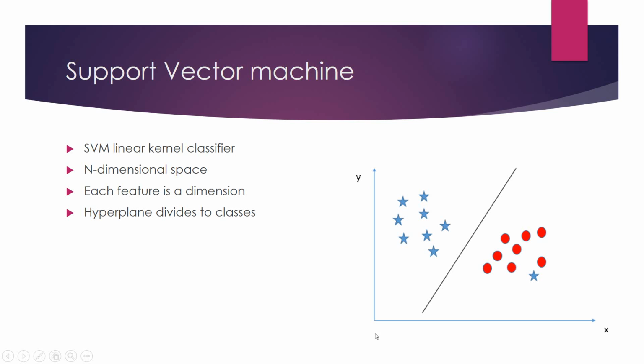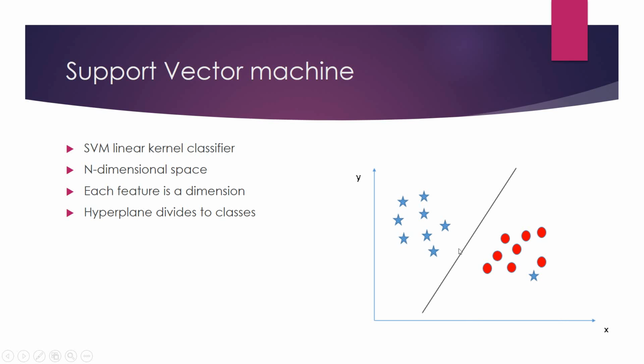They are drawn into the 2D space with one axis as x and another axis as y. Let's take an example of a data point with value 3 comma 5, where x equal to 3 and y equal to 5.